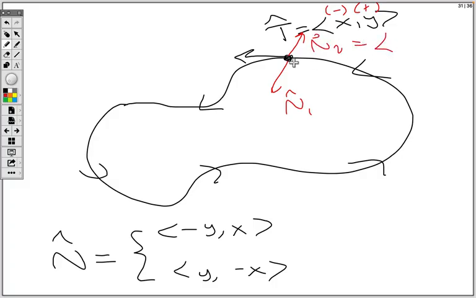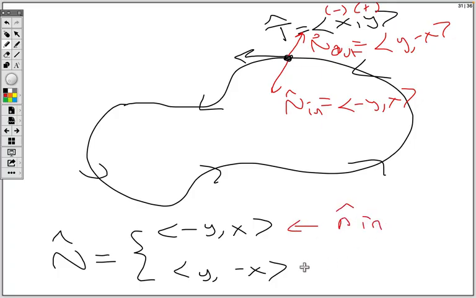For N2 here, I would want the x and y to both be positive, so I'd have y comma minus x for this one. And here x and y would both be negative, so I'd have minus y comma x for that one. So this would be your inward pointing normal, and this would be your outward pointing normal.